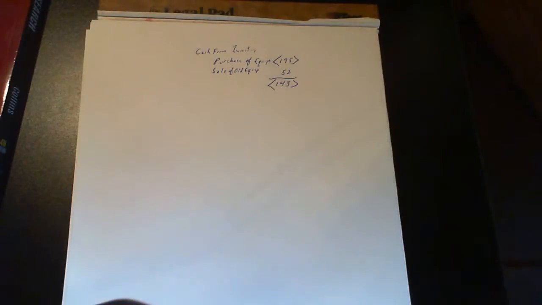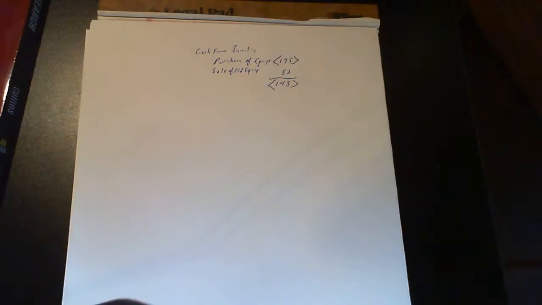Now, you may want to ask the question, well, what happened to that $26 worth of equipment, book value of equipment, that we got rid of for $52? So we had a gain.